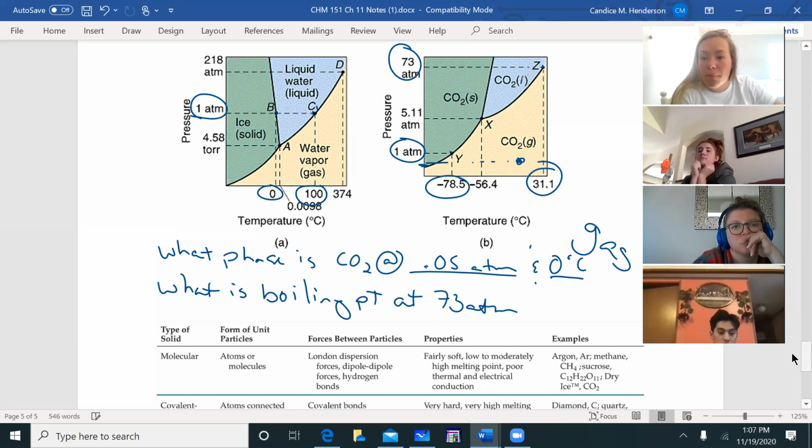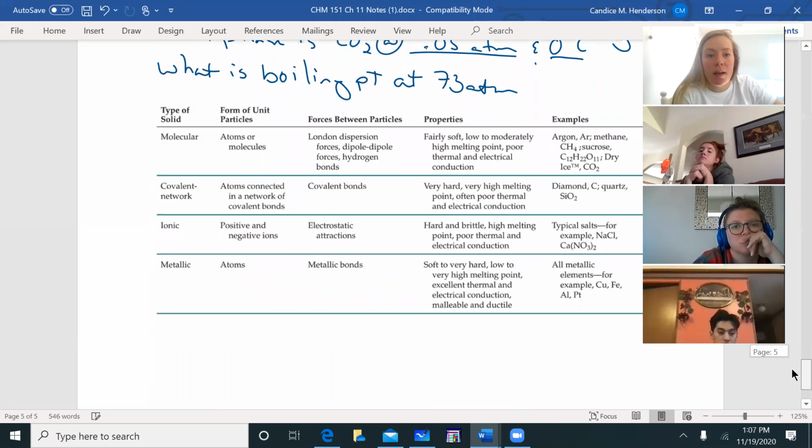Okay, so the last thing that we've got on here is just sort of a review of all the different types of bonds and forces. So our weakest are going to be these London dispersion, dipole, and hydrogen bonds. So say weak.